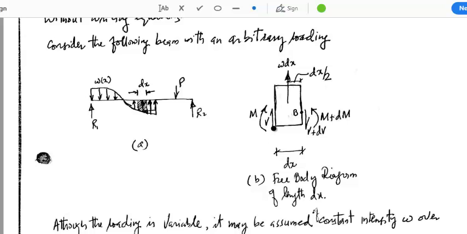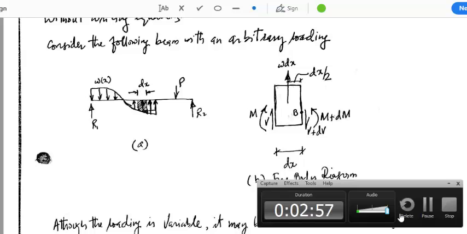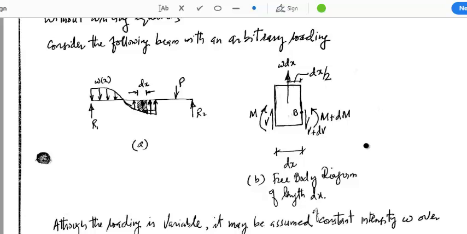If we assume that the shear V is upward on this face and moment is in clockwise direction, then in order to achieve balance, the shear will be in the downward direction on the other face and moment will be in counterclockwise direction.